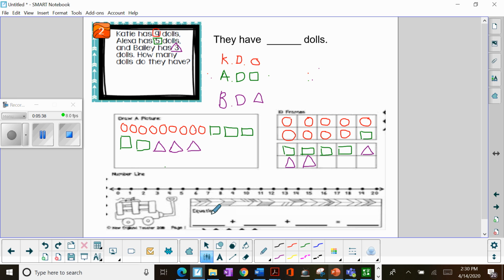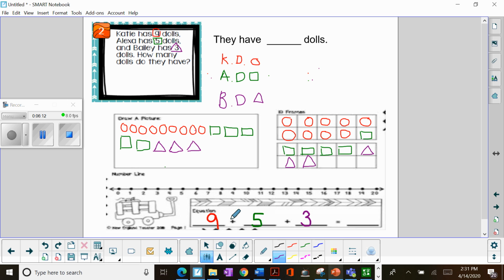And that's down here. So our first number was 9, and our second number was 5, and our third number was 3. Okay, now an easy way to do this without using a bunch of drawings or our fingers is to think, what can I add to 9 to make 10?